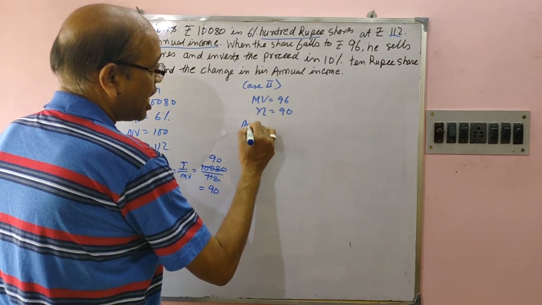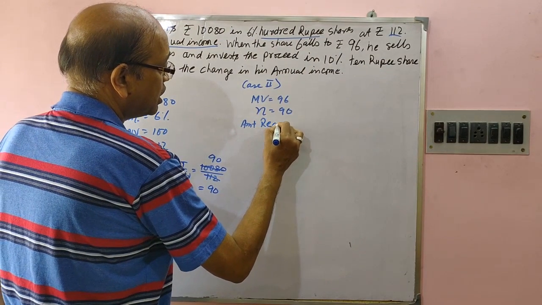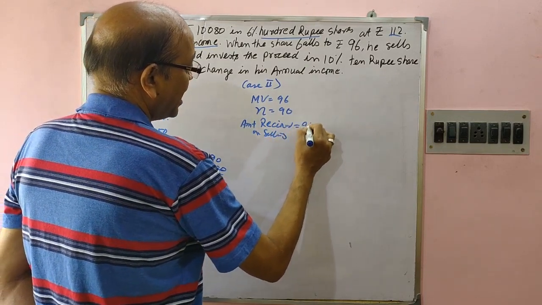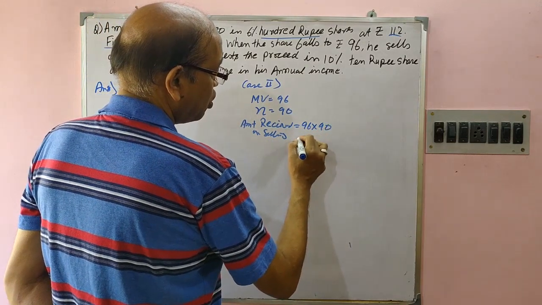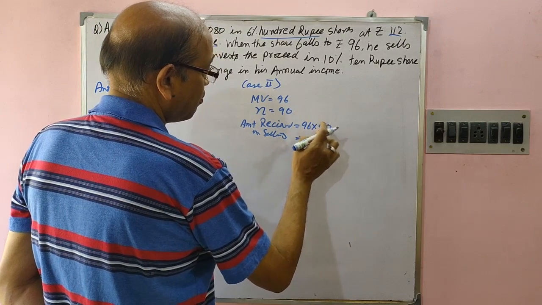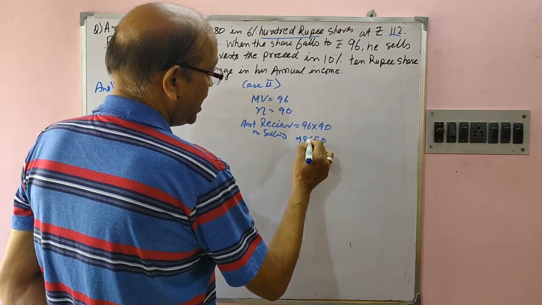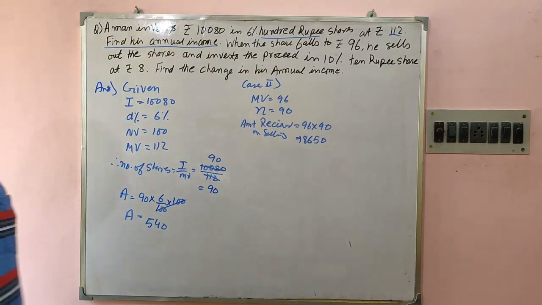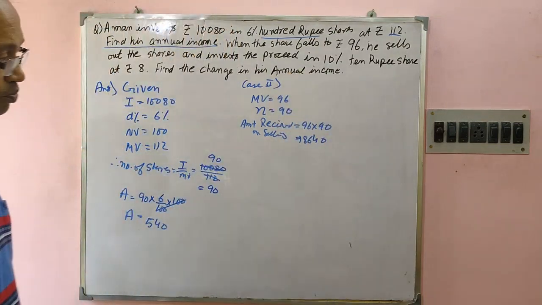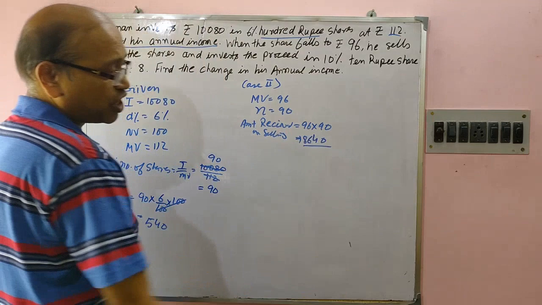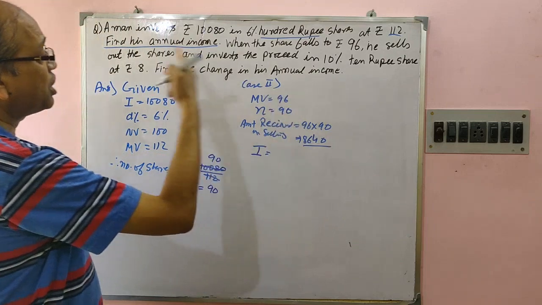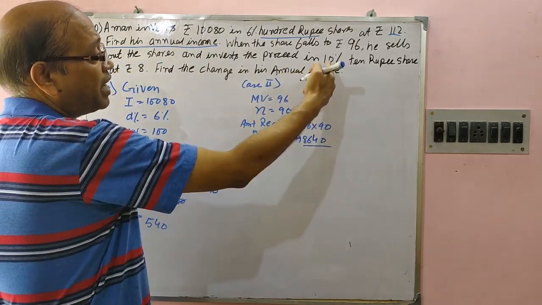So amount received on selling is 96 into 90, that is 96 9s are 864, so 8640. Yes, so this 8640 becomes the investment, because this amount he uses in buying these shares.